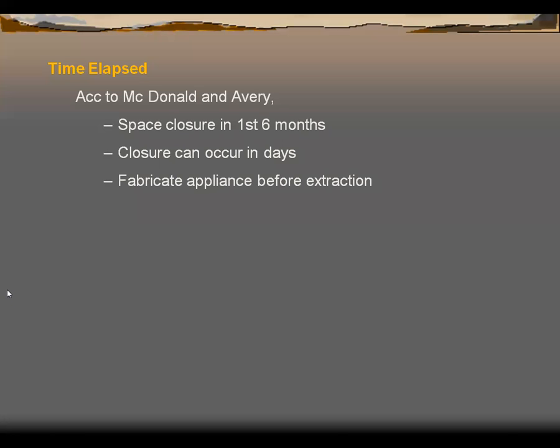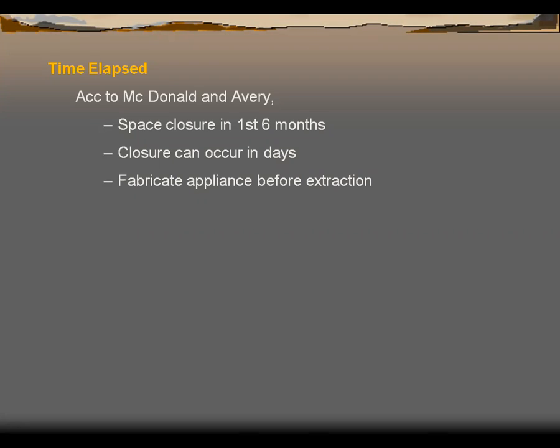Next, according to McDonald and Avery, McDonald is the name of the author of the Pediatric Dentistry book. According to him, the maximum space closure or space loss occurs in the first 6 months.